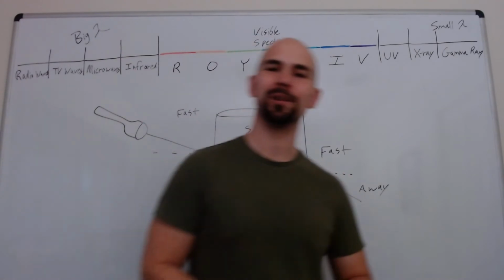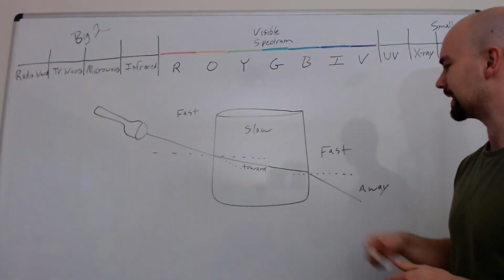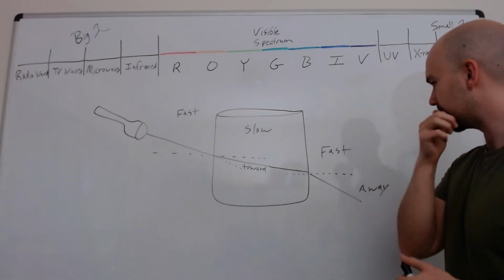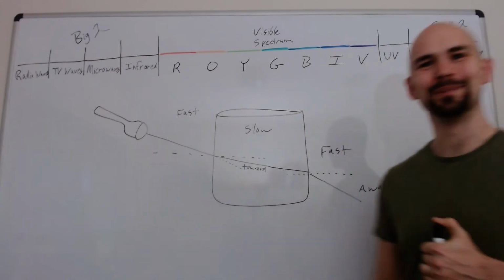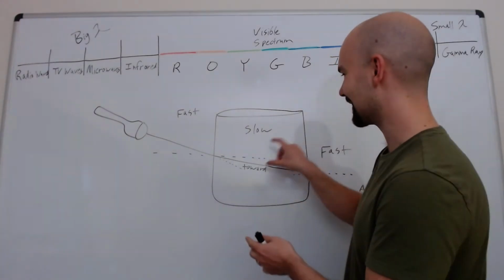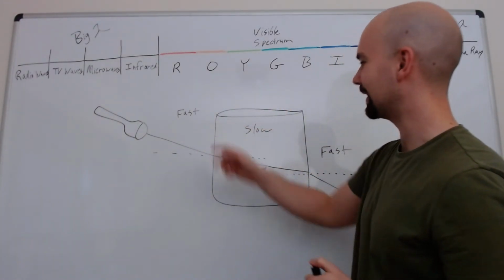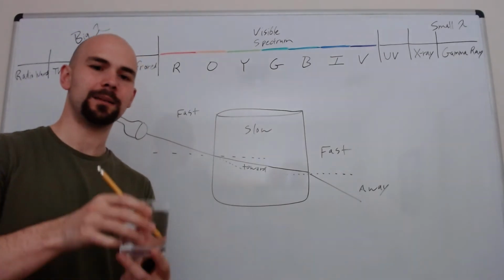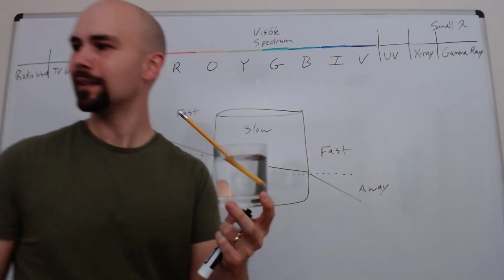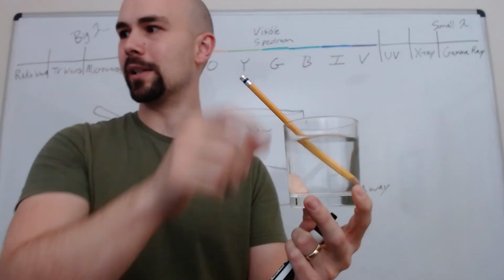You can disregard what I said a moment ago about the light speeding up, that we were seeing the light speeding up coming out, and that's why it bent that way. That's not actually accurate. I was having trouble thinking about the diagram I had because it was a 90-degree angle on this one. So this is actually an accurate picture of what we were doing. We were holding the cup, and you'll see it right here, the pencil is actually doing exactly what's in the diagram.